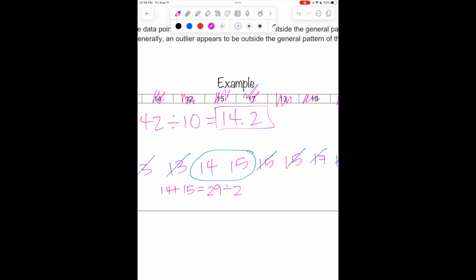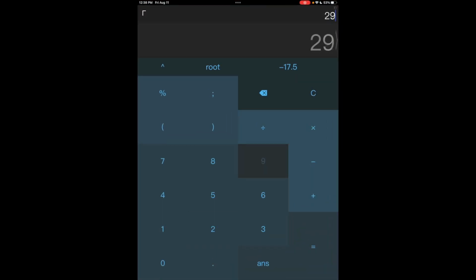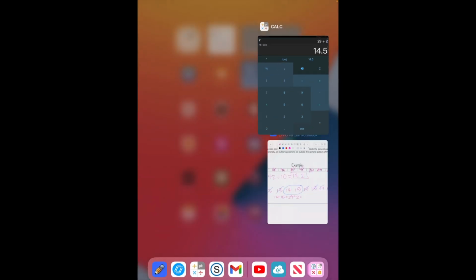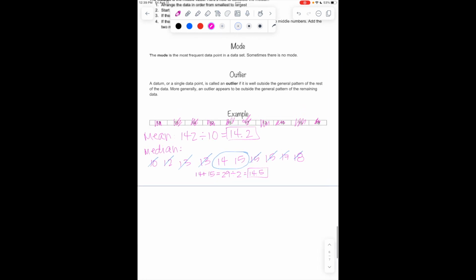Divide it by 2, and I get 14.5. So that is my median, my second measure of center.